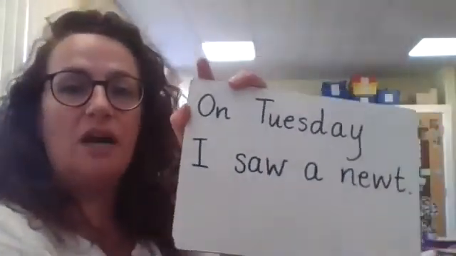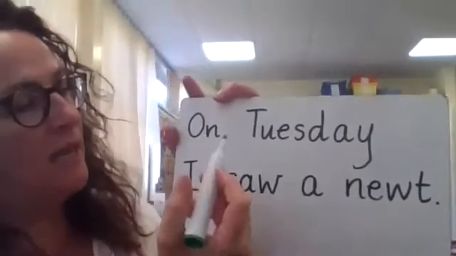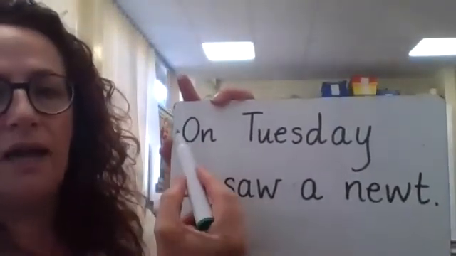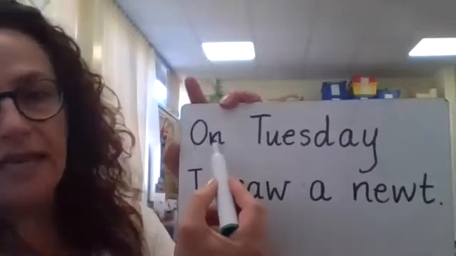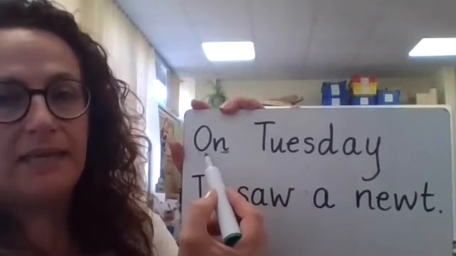Right, let's have a look together then. These are getting quite tricky now, but I know you can do it because you are getting to be such superstars. So let's have a look. Here is our sentence that we were writing. A capital O must be tall and much taller than the short letters, even though it looks the same, you make it in the same way as a lowercase one.